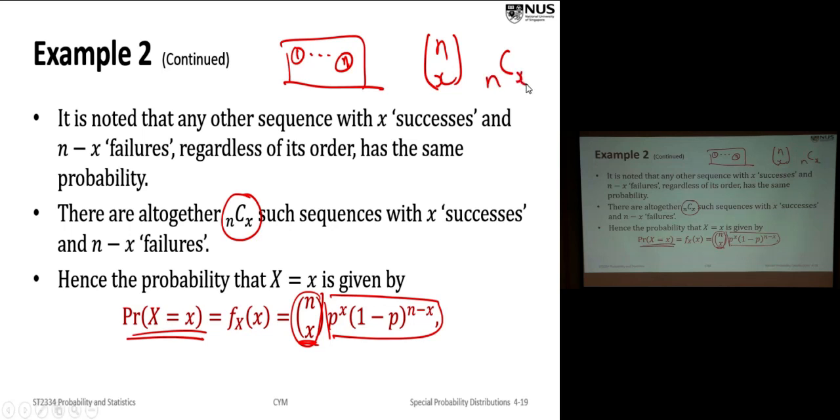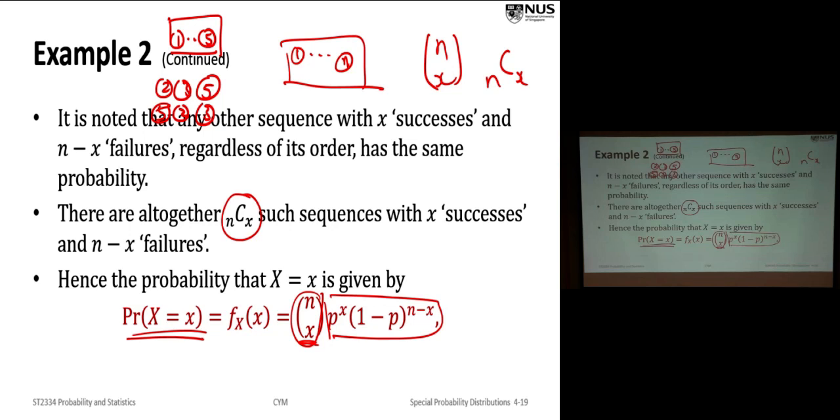The order is not important. Let me go back to the 5 balls. I take 3 balls, for example. So I can take 2, 3, and 5. It doesn't matter whether it's 5, 2, or 3. The order is not important. So long as I have these 3 balls, you consider it as 1.